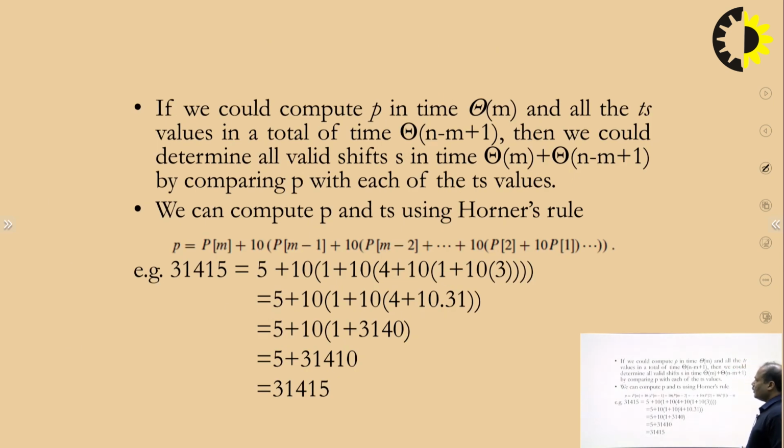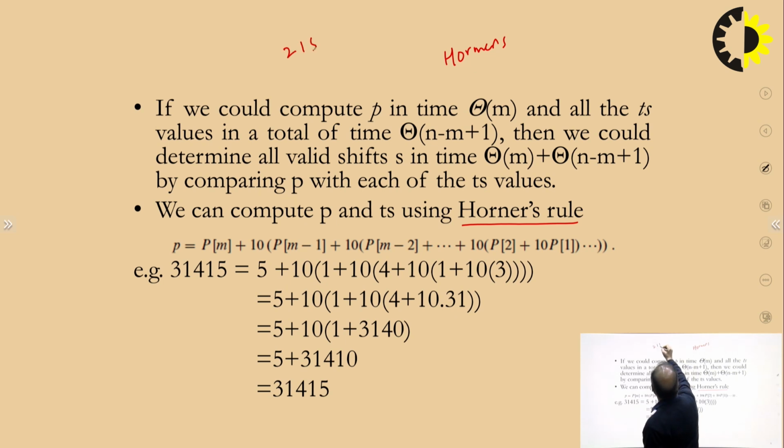Basically this algorithm is based on Horner's rule for evaluating polynomials. Horner's rule is just to minimize the multiplications. See how it is used. Suppose we are interested in computing 215. We know how to compute it: 5 into 10 to the power 0 plus 1 into 10 to the power 1 plus 2 into 10 to the power 2.